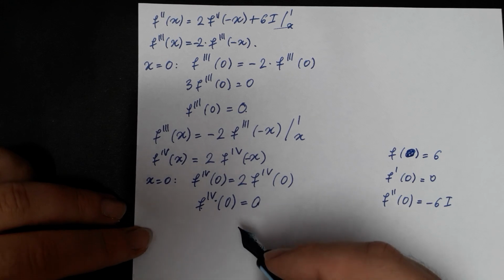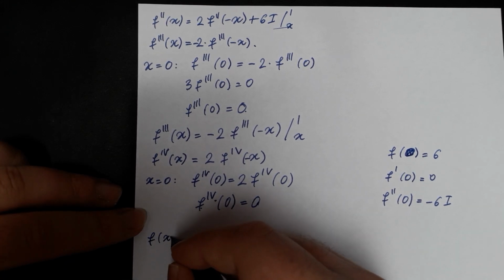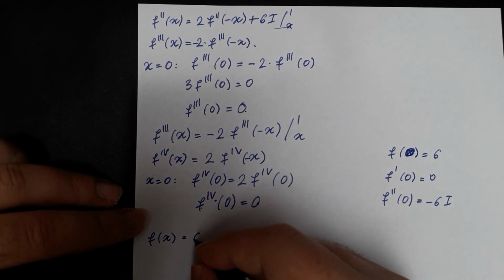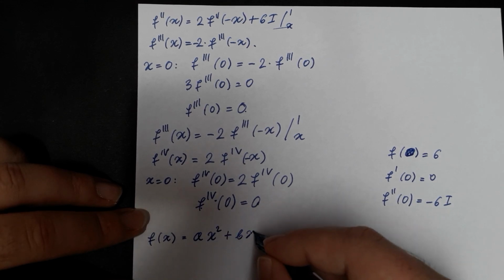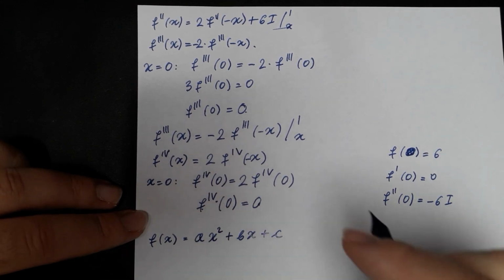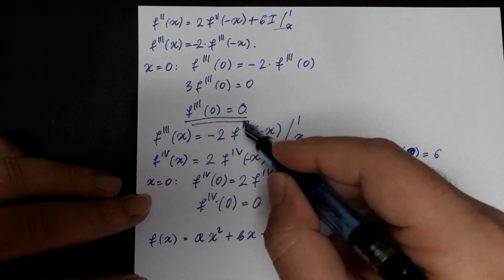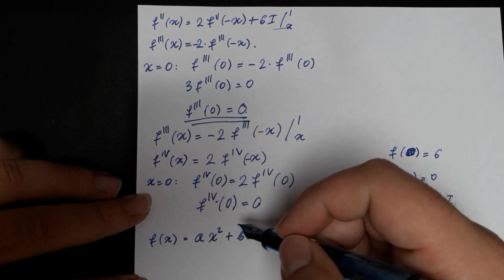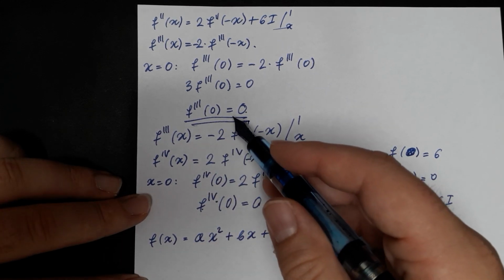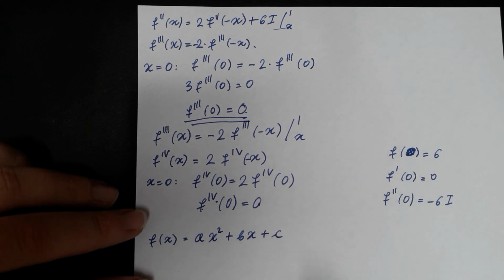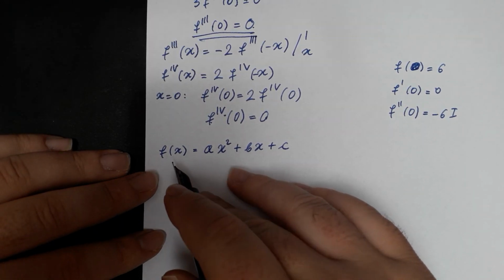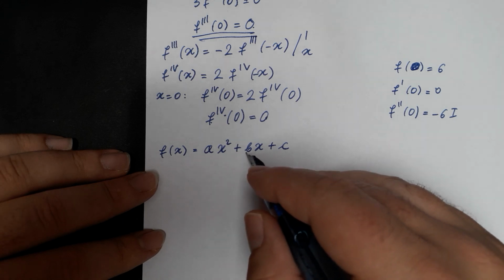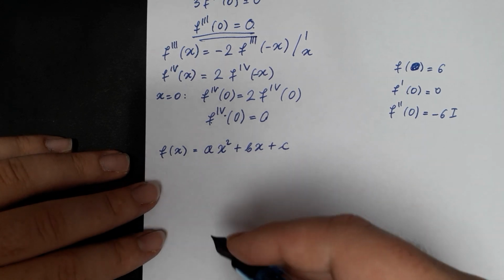Well, we can see that f of x has to be a polynomial. It has an equation of ax squared plus bx plus c, right? Because the third derivative at 0 is 0, and all the derivatives that come after it fall to 0. So the problem now becomes just to find the constants a, b, and c.